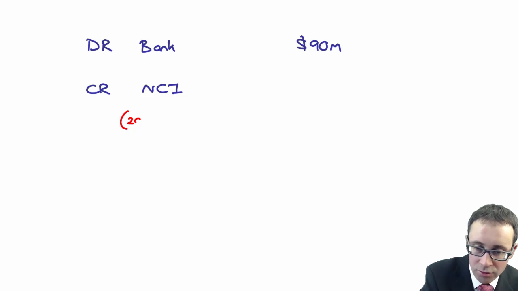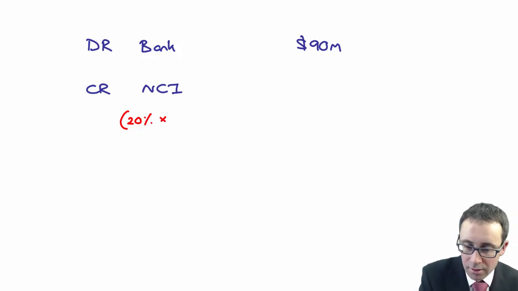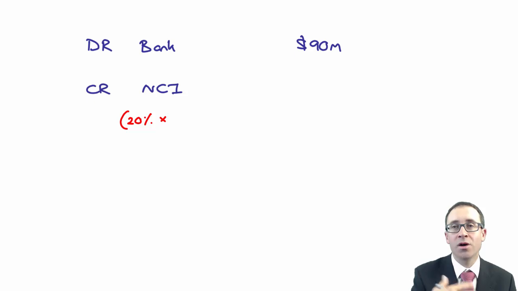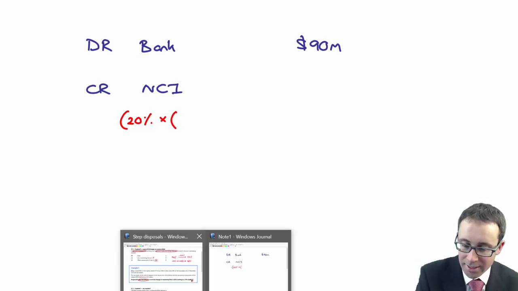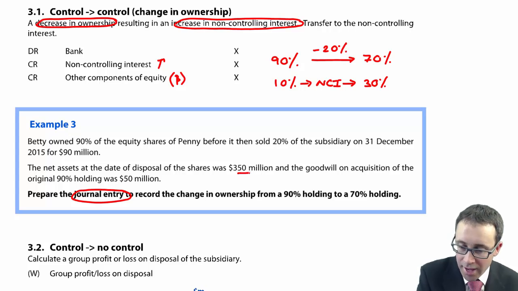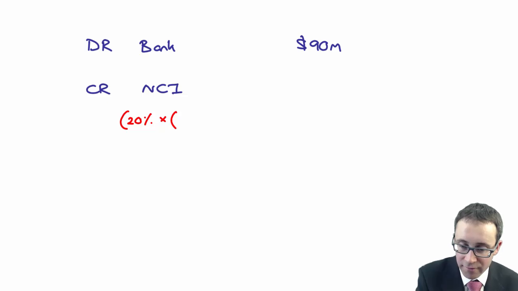That non-controlling interest is increased by 20%, and we increase it by 20% of the value of the subsidiary. So that's incorporating the net assets and the goodwill. So the net assets were 350, the goodwill is there as 50.